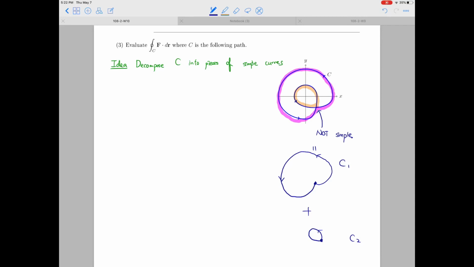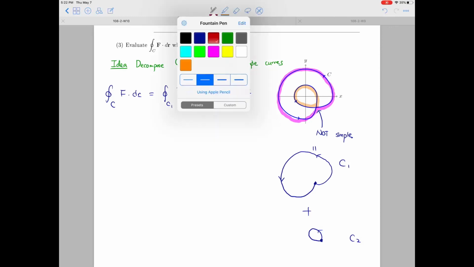The good news is C1 and C2 are simple curves because there's no self-intersection. So the line integral over C of f dr equals the line integral over C1 of f dot dr plus the line integral over C2 of f dot dr. But now, where is the origin?